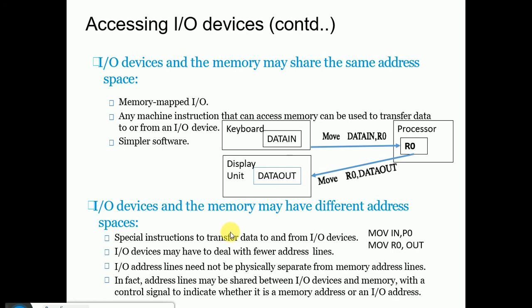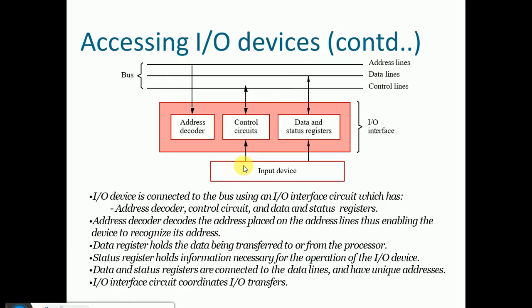Now we can check how input output devices are accessed. One of the common blocks is the input output interface, and this is the input device, and we have three buses: address lines, data lines, and control lines.